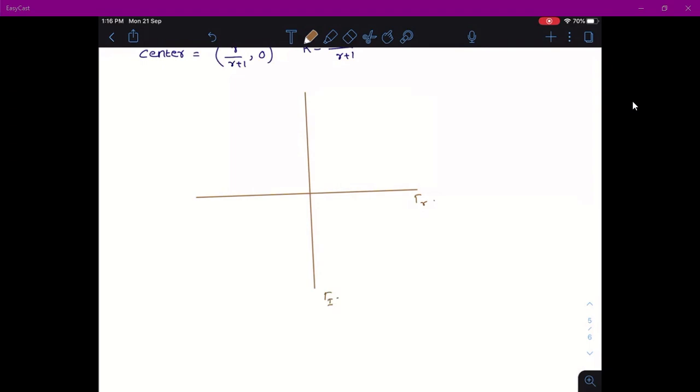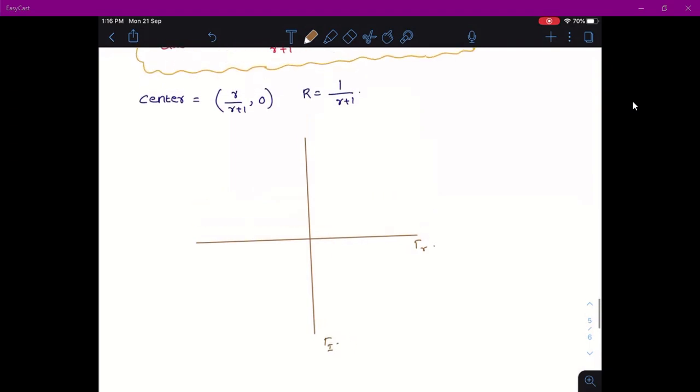Now let's take some values of r, the small r resistance, with radius and center. When r is equal to 0, the radius value is 1 because it is 1 by r plus 1, and the center value is 0 comma 0.